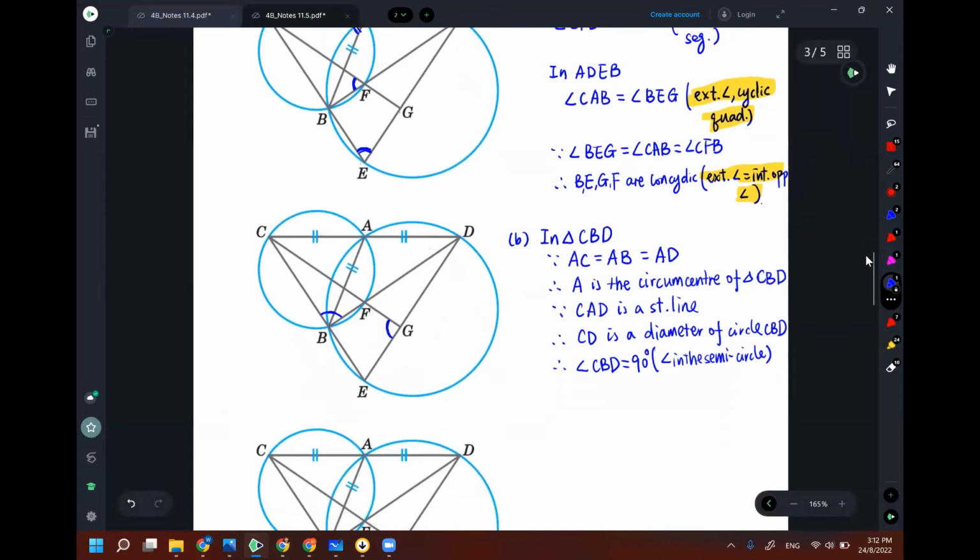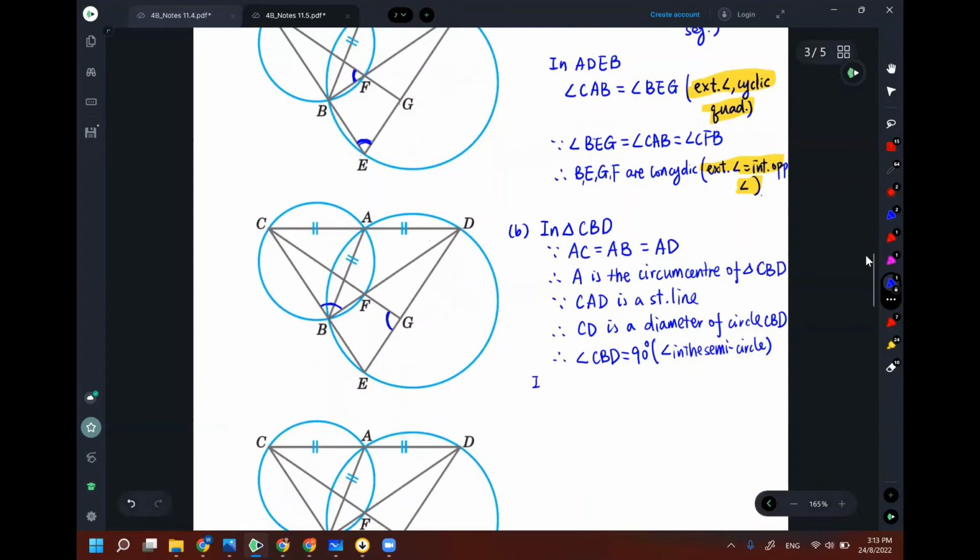And the rest is simple. In circle BEGF, we have angle CBD equals angle CGE, exterior angle of cyclic quad.